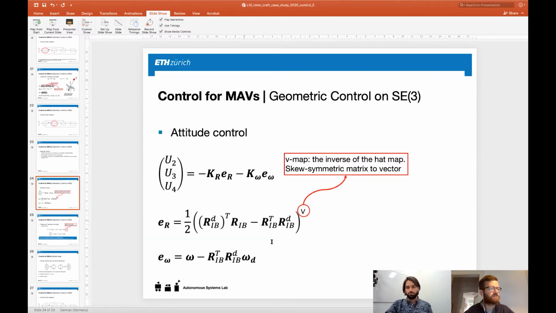So this here is basically inverse. So we compute the attitude error by this term down here. But this term itself is still a matrix. So you see, we just multiply rotation matrices with each other and in the end, we have this 3 by 3 matrix. And we use this V operator to only take the elements in some certain positions of this 3 by 3 matrix to get a vector in the end. So this is the exact inverse of the hat operator that we saw before.